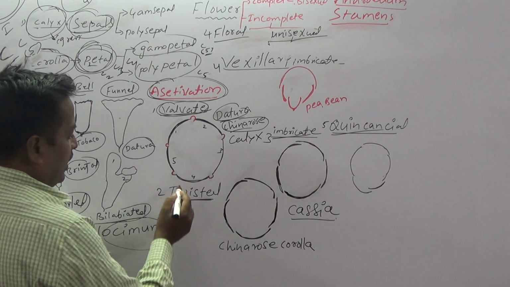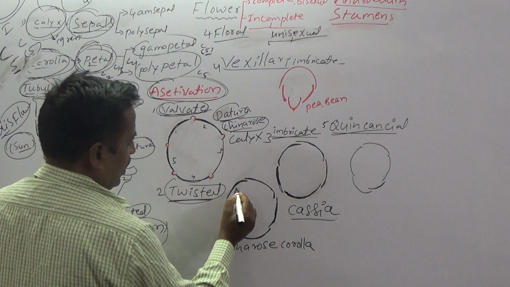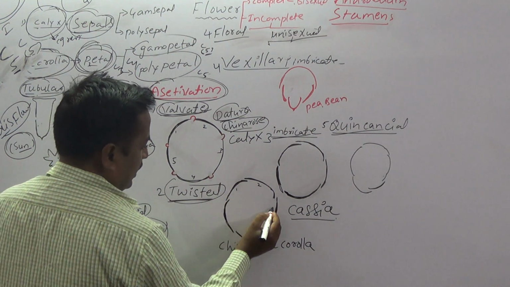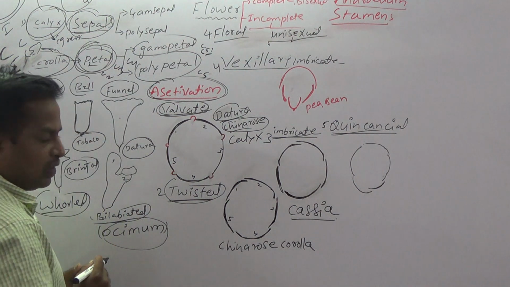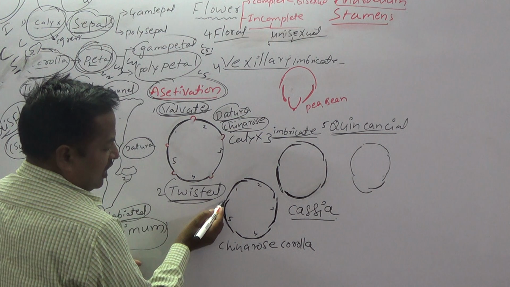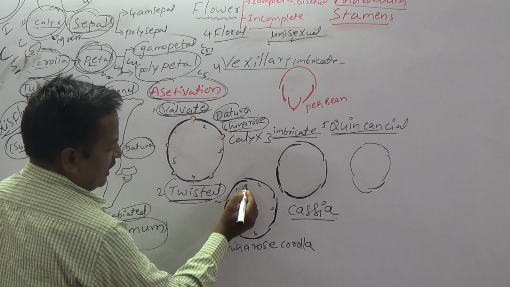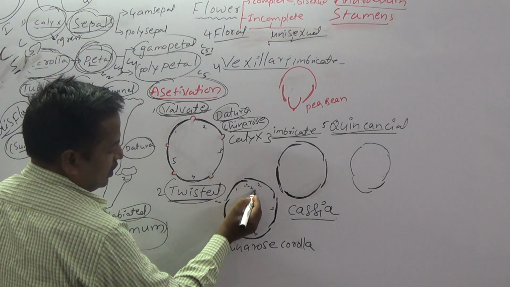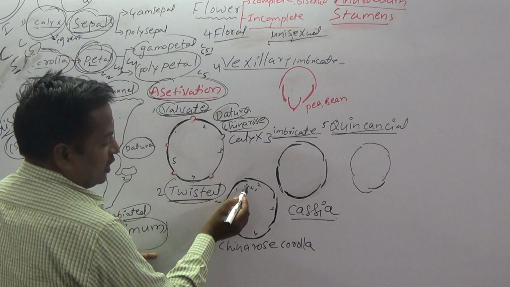Next one is twisted aestivation. Look here. The margin of the sepal or petal: one is outside, another one is inside.